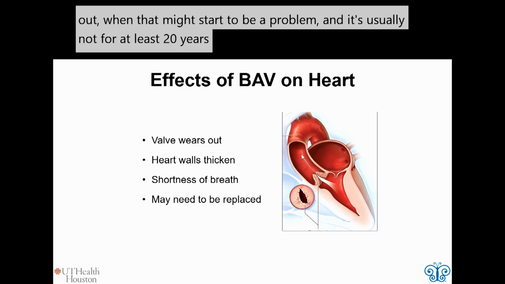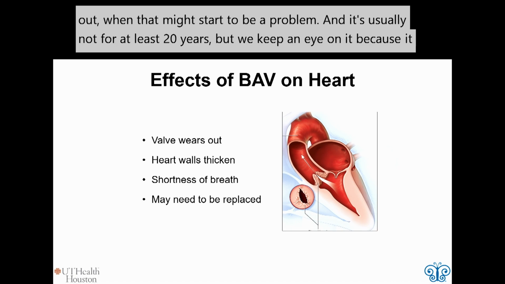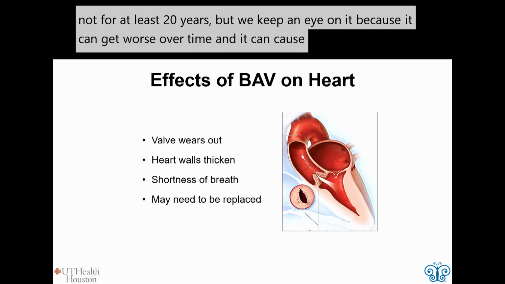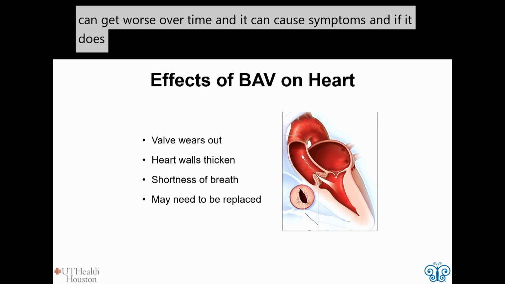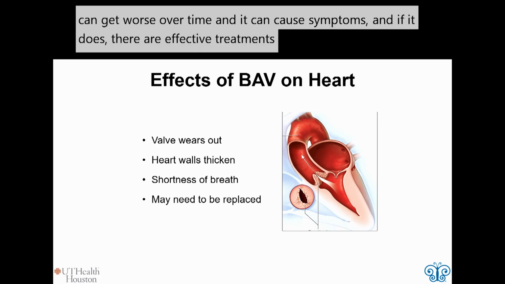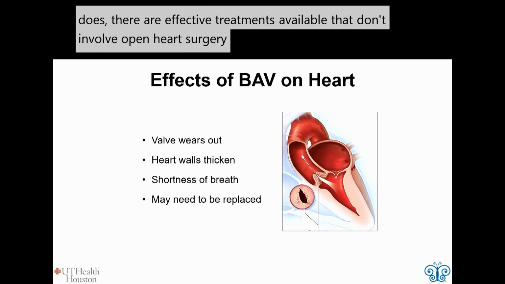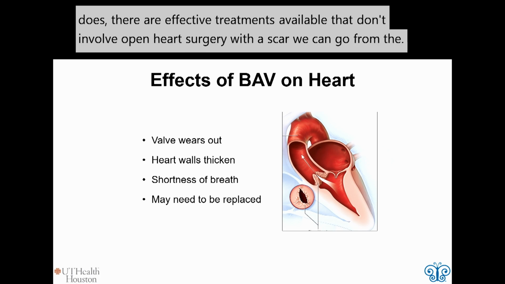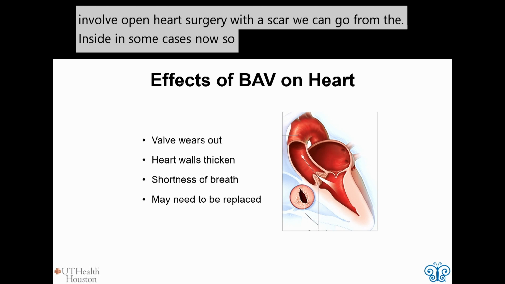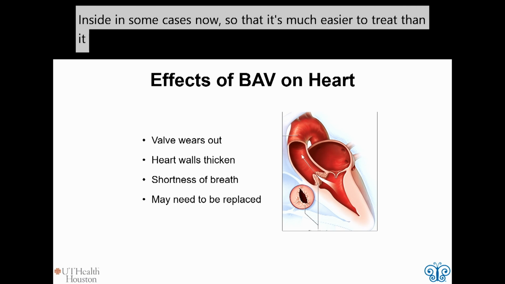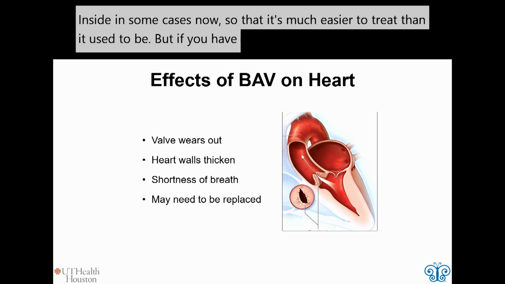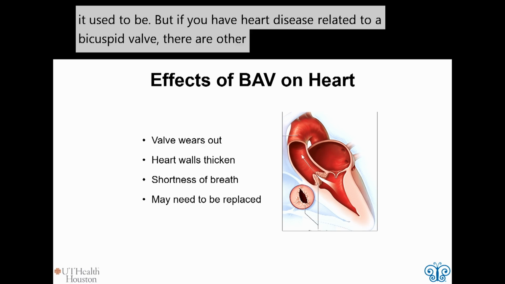But we keep an eye on it because it can get worse over time and it can cause symptoms. And if it does, there are effective treatments available that don't involve open heart surgery with a scar. We can go from the inside in some cases now, so that it's much easier to treat than it used to be. But if you have heart disease related to a bicuspid valve, there are other medications you may also need to be on.